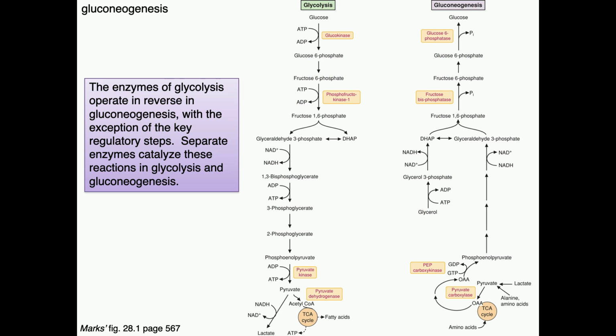Just looking at glycolysis and gluconeogenesis side by side, everything done by glycolysis going from north to south, the same enzymes are doing those same steps in gluconeogenesis going from south to north, with the exception of these three key steps. Is that all good? What questions do you have at this point?